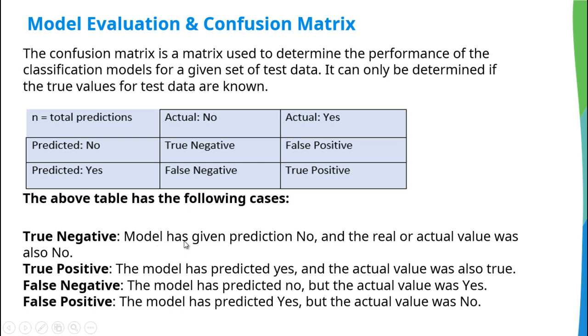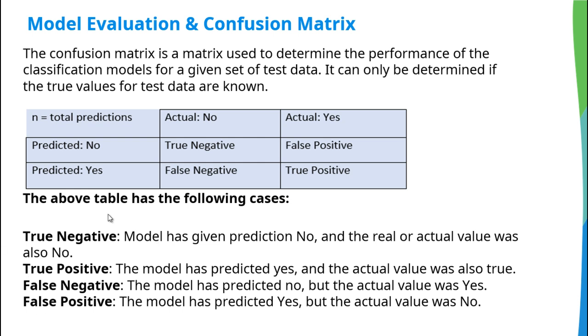The machine says this person has no disease, and he truly has no disease. So the machine's no equals the no of your real, or actual, value.